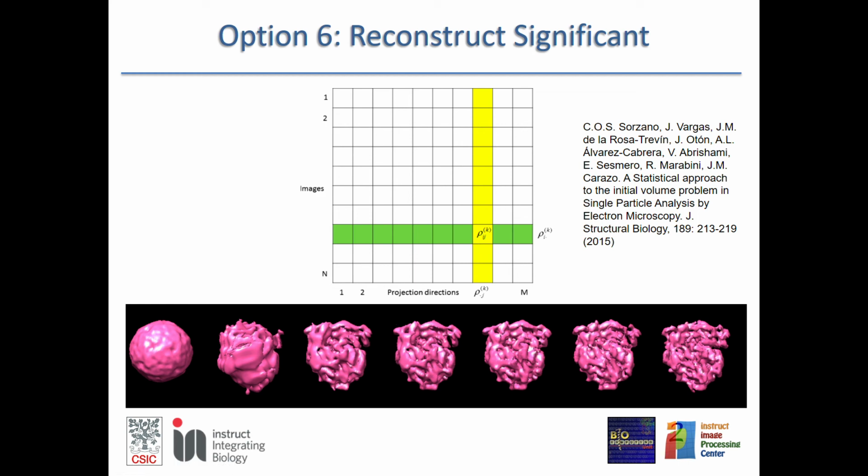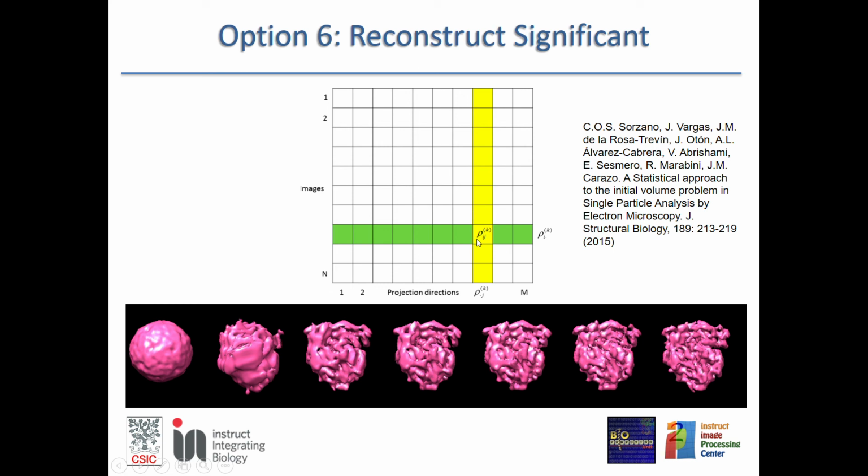One was that you have projection images or classes. Typically this is run with classes at the beginning, and you have the projection directions from the current case. Then let's concentrate on a particular image. For that image, we compare it to all projection directions, and let's say this is the maximum, but we know which is the maximum, which is the second best, the third best, and so on.